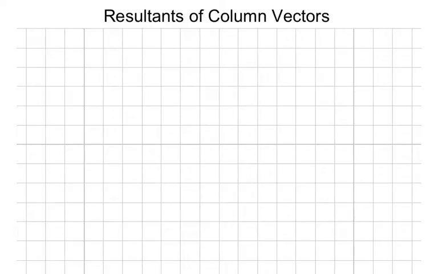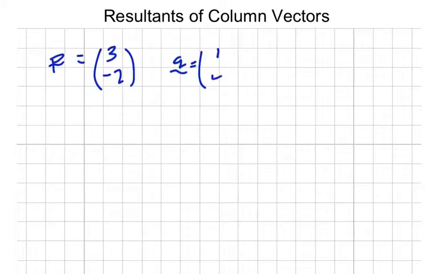This time we have our vector P equal to (3, -2), and our vector Q is equal to (1, 4).